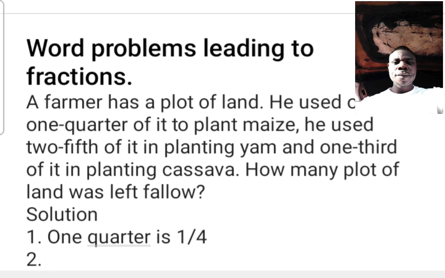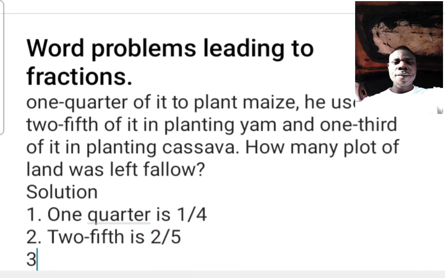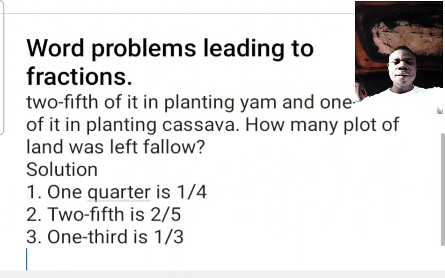So 2/5 is written as 2/5. Then the third statement there, which is 1/3 of it in planting cassava, will be written as 1/3.